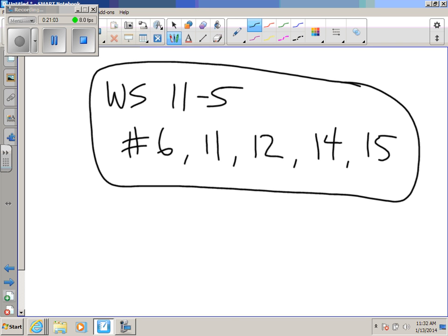So 5 of them for tomorrow. The nice thing is once you get to 12, 11, 12, 14, and 15, they tell you LWH. You can just use what they have and go with it. Okay? So make sure to label correctly as well, but there's 5 problems for tomorrow.